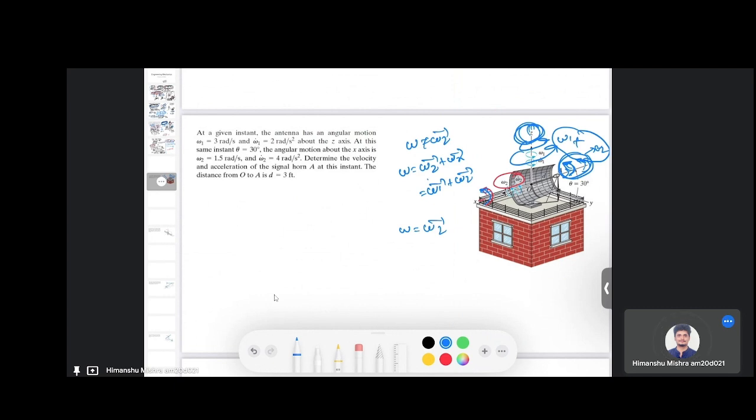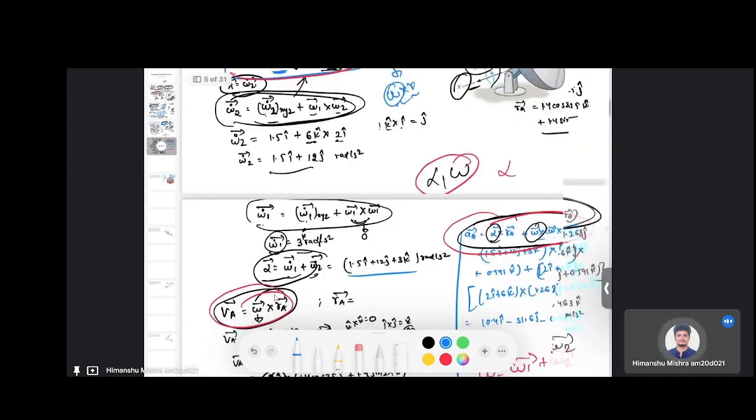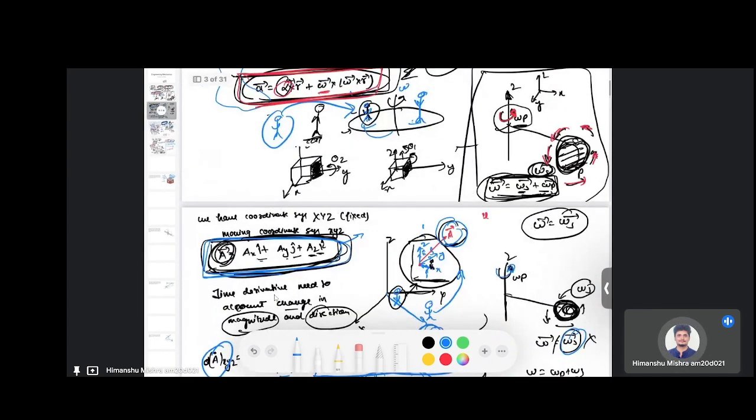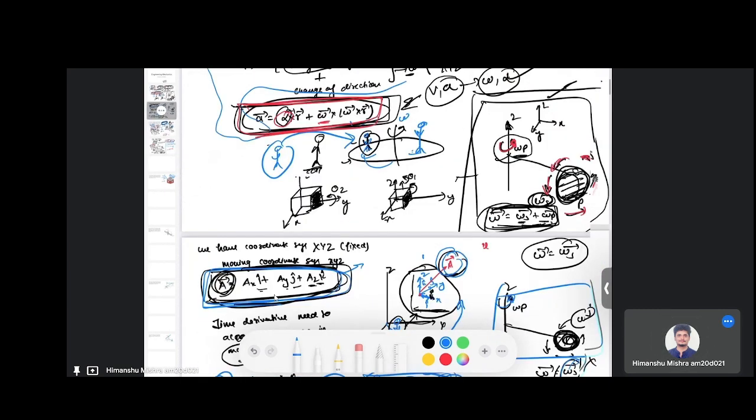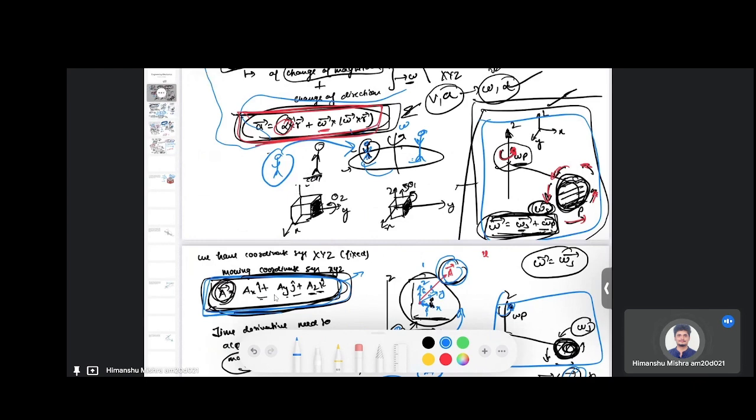This will be the resultant angular velocity of this antenna, and that we have discussed in the previous question as well as just before the previous question from this simple example.